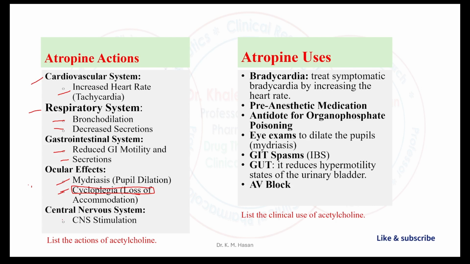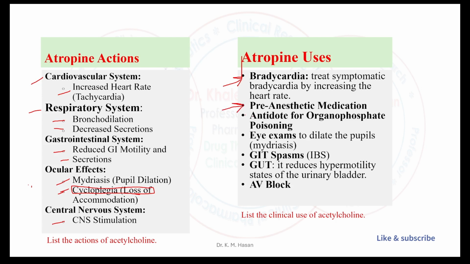Okay, in the nervous system, atropine causes stimulation of the nervous system. Clinical use of atropine: we use it for patients who suffer from bradycardia. We use atropine in preparing patients for general anesthesia and surgery.